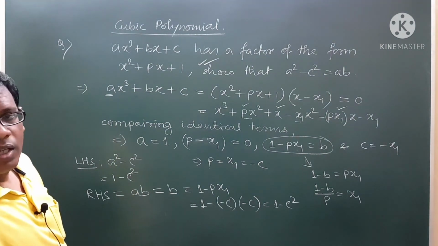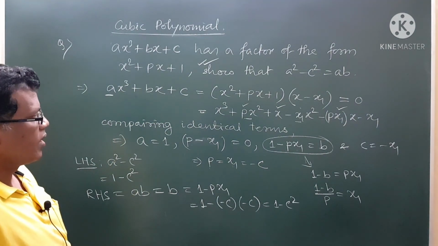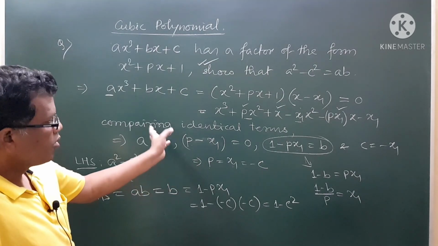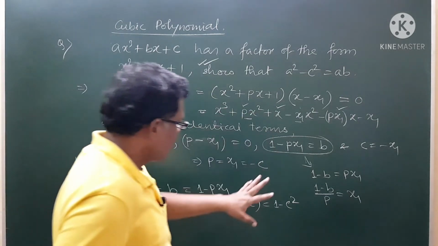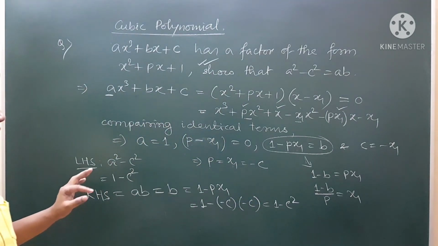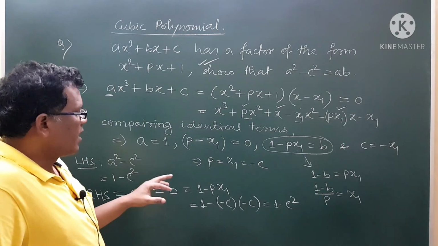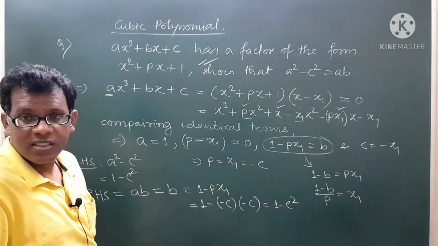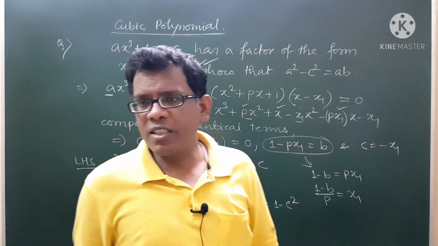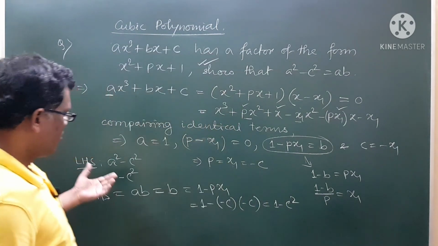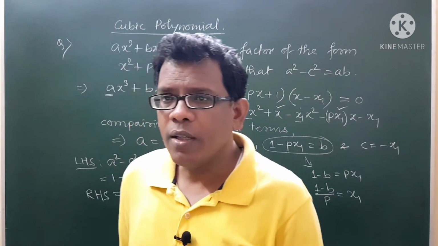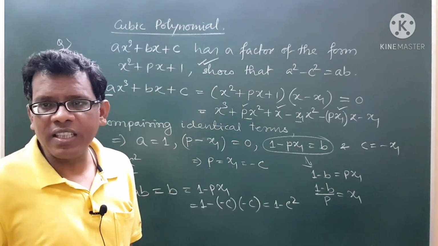We did not know the term x1, it was a term assumed by us. So from solving this RHS and then comparing the coefficients of identical terms from LHS and RHS, we are getting such results. Then simplifying both sides of the required proof, we are getting both equal and their values are coming 1 minus c square each.